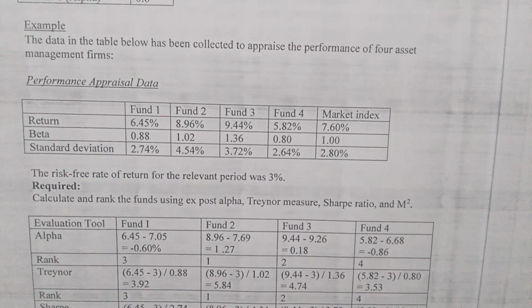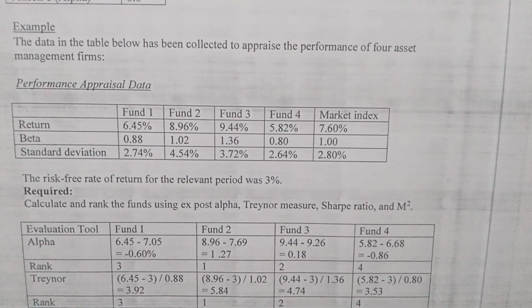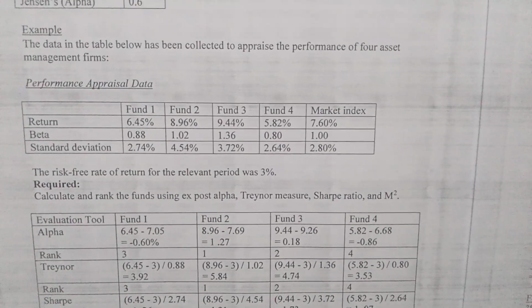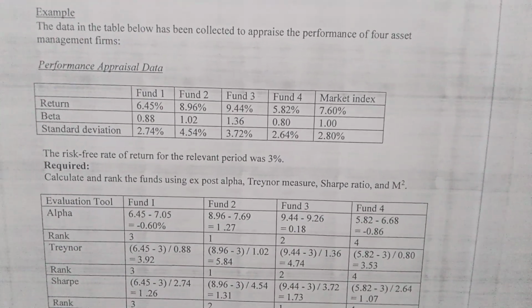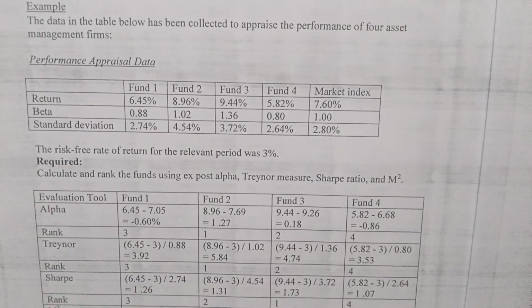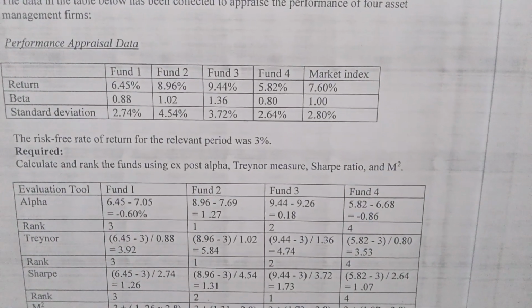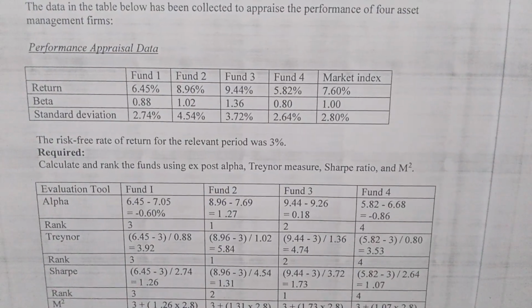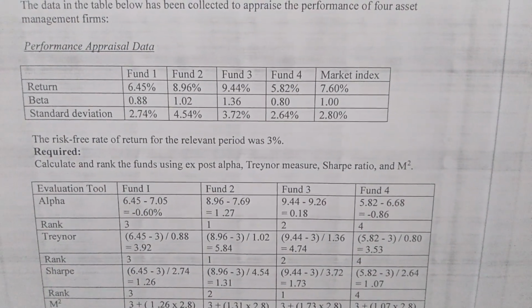Example, let's have an illustration here. The data in the table below has been collected to appraise the performance of 4 asset management firms. The performance appraisal data is there. We have Fund 1, Fund 2, Fund 3, Fund 4, and the market index.